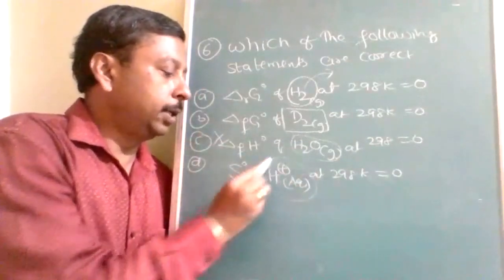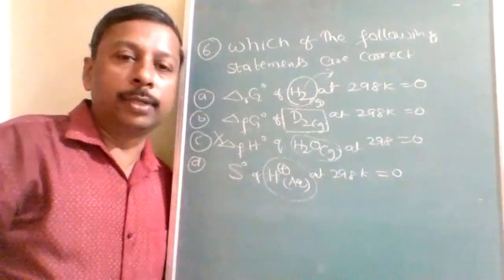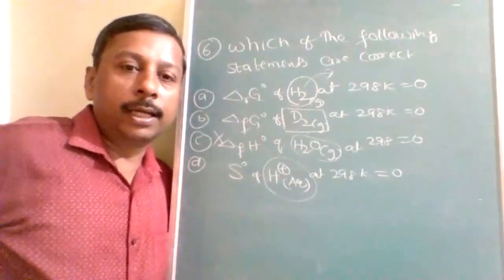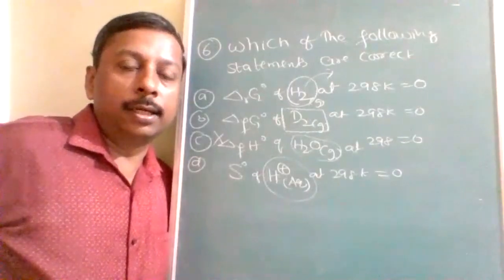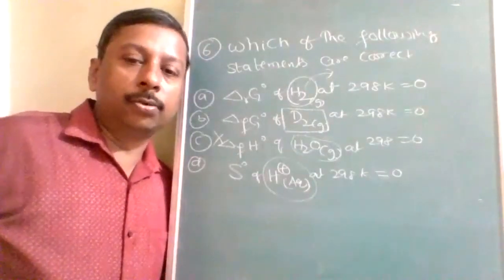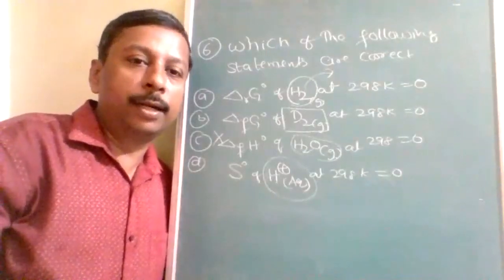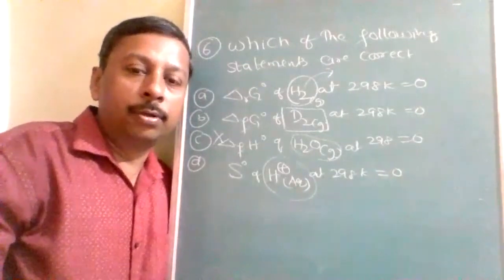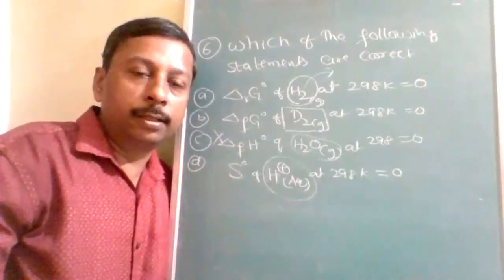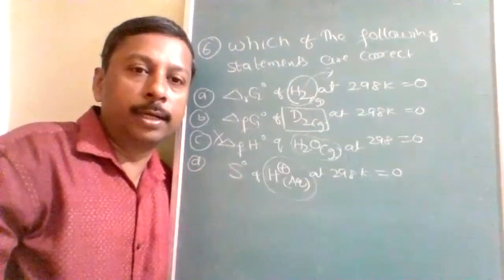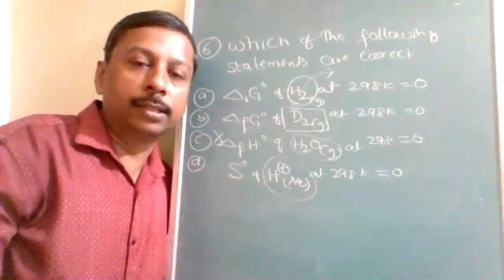And especially, very, very important: the entropy of H plus in aqueous state, special treatment is given to it and it is zero. Like diamond and graphite, which has delta HF zero. Normally people think that it is diamond because it is more stable, but abundance is taken into consideration.